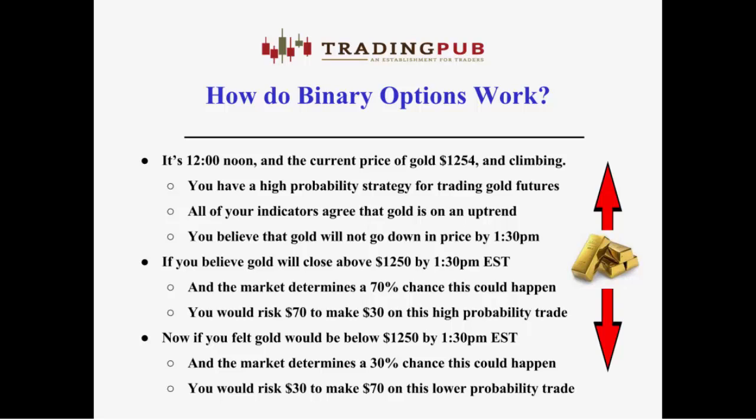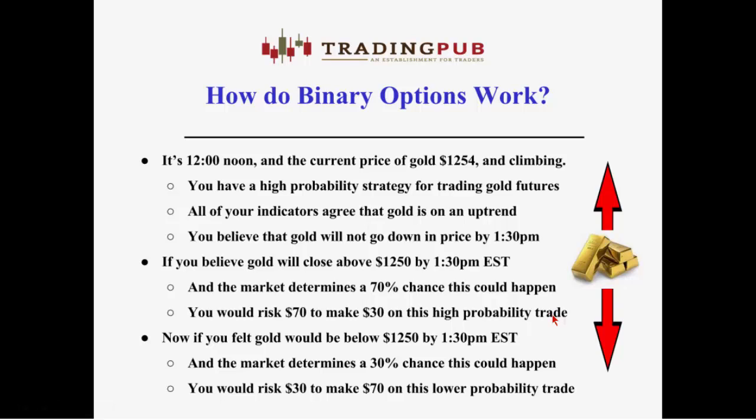It'll continue to go up. If you believe that gold is going to close above 1250 by 1:30 Eastern time, the market could determine there's a 70% chance that you're right. And if that's the case, you would risk $70 to make $30 on a high probability trade.